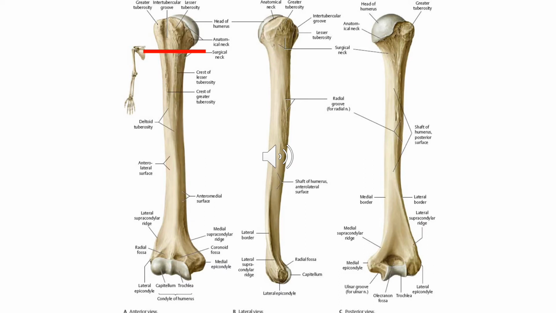The distal end of the humerus consists of the supracondylar ridges. There are two: the lateral supracondylar ridge on the lateral side, which is continuous with the anterolateral surface superiorly, and the medial supracondylar ridge on the medial side, which is continuous with the anteromedial surface superiorly.